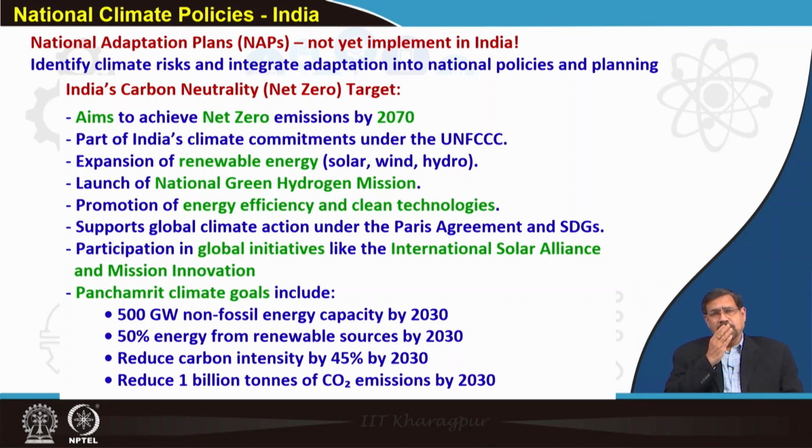We all know that at COP in Glasgow, our PM Mr. Modi attended and committed that India will achieve net zero by 2070. This makes it the major policy plan alongside the National Adaptation Plan.